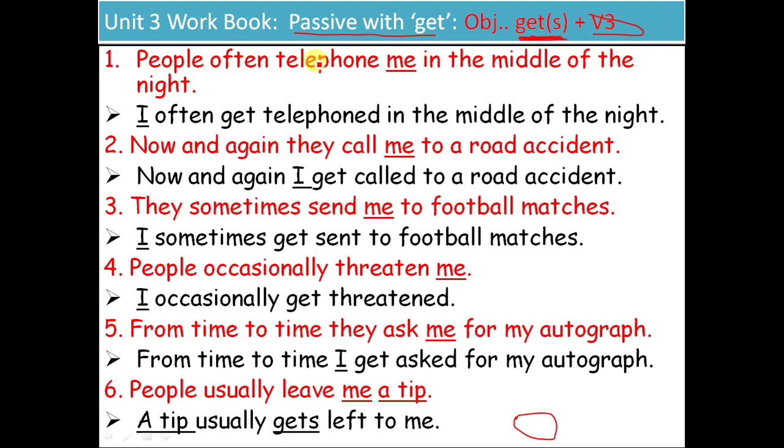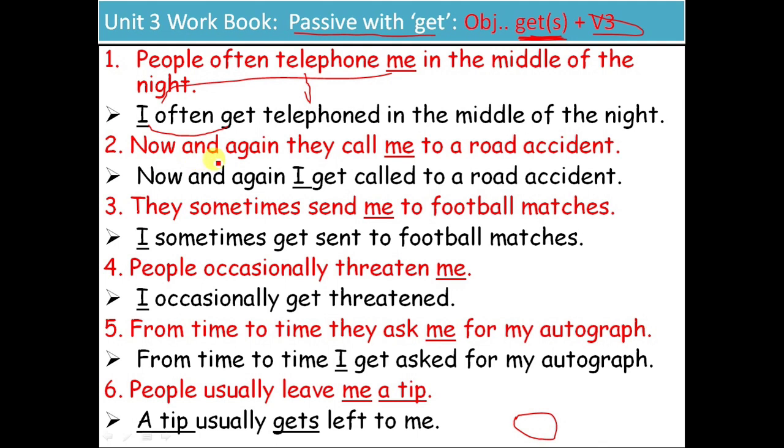First question, people often telephone me in the middle of the night. Our object here is me, therefore I often, I takes get, I often get, now V3 of telephone, telephoned in the middle of the night.